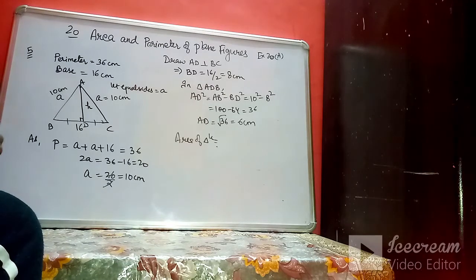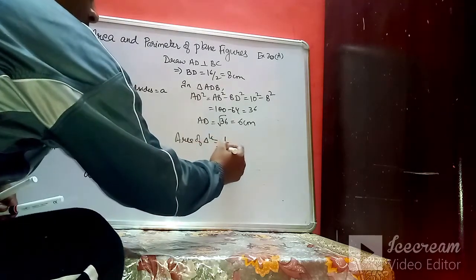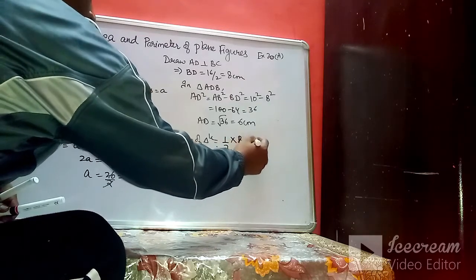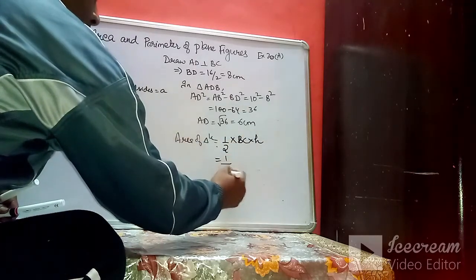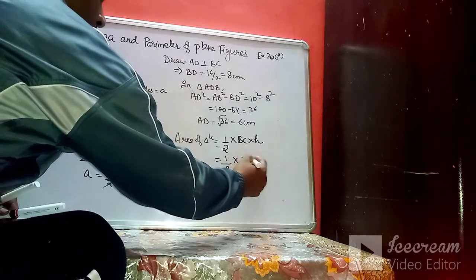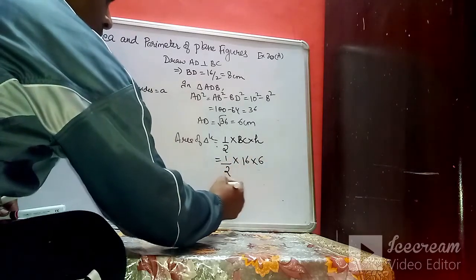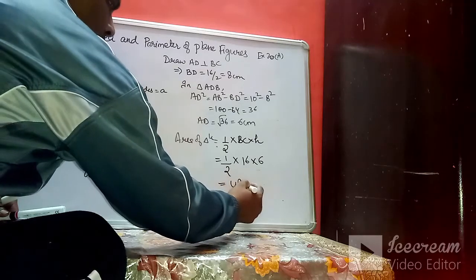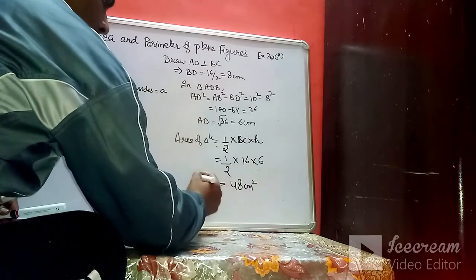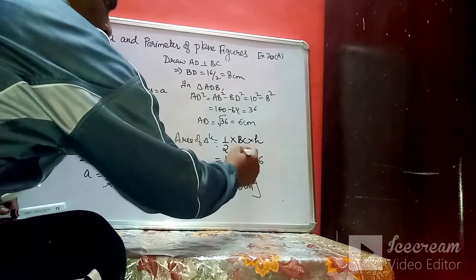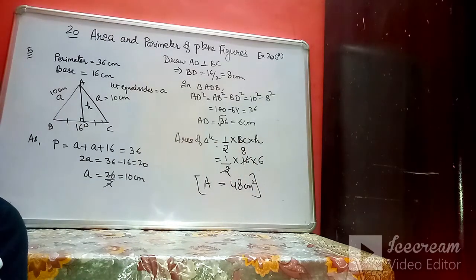Half base into height, that is half BC into H, half into 16 into 6, that is 48 centimeter square. So this is the area. Or you can use Heron's formula as well.